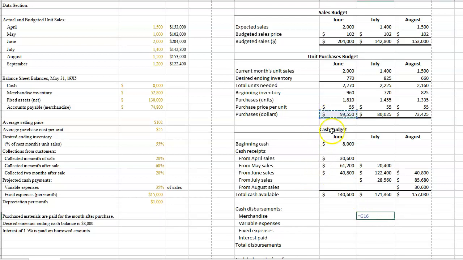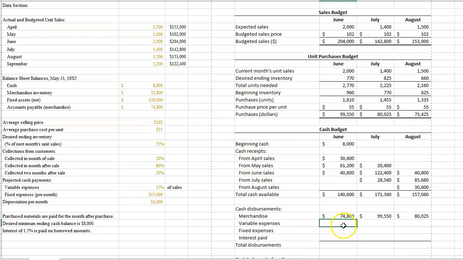So when I go ahead and spend $99,555, I'm not actually paying for it in June. I'm putting it on account and I'm paying for it later. So we know July and August, but what's June? For June, here's our accounts payable from May.